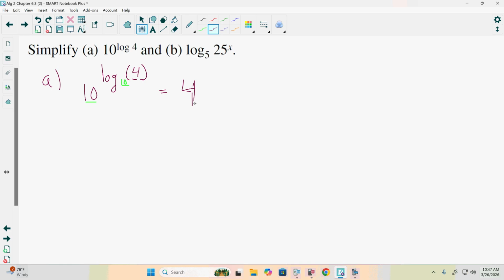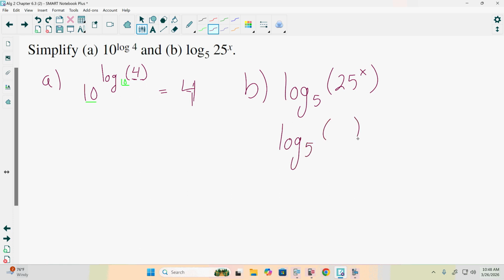Questions on A? Let's look at B. Log base 5 of 25 to the x. Now, to be able to simplify this, it would be nice if this base and the number inside here, this 25, can be written as 5 to a power.